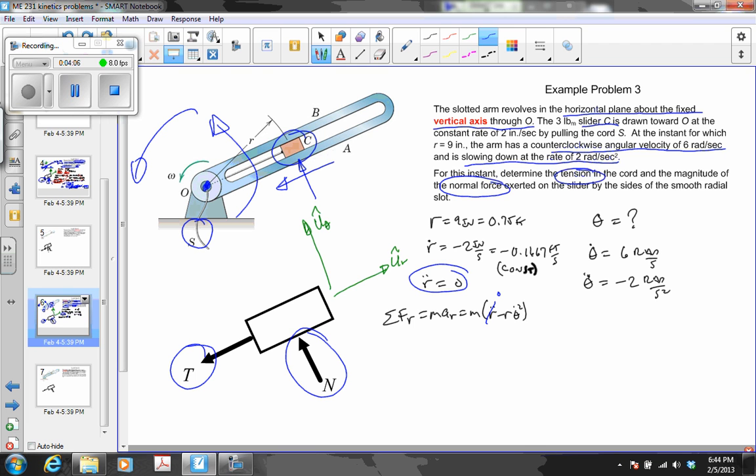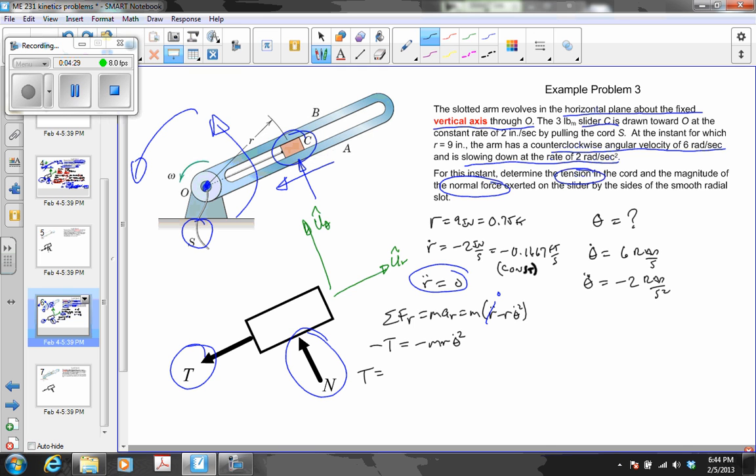We know r and theta dot squared. So what's acting in the r direction? Well, minus T equals minus m r theta dot squared. So there I can solve for the tension in the cable.